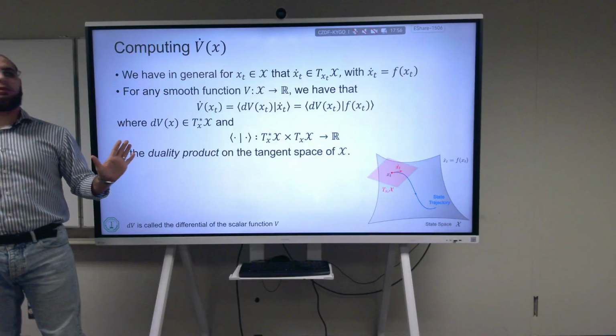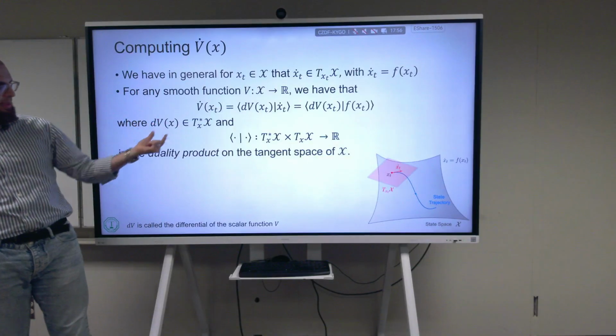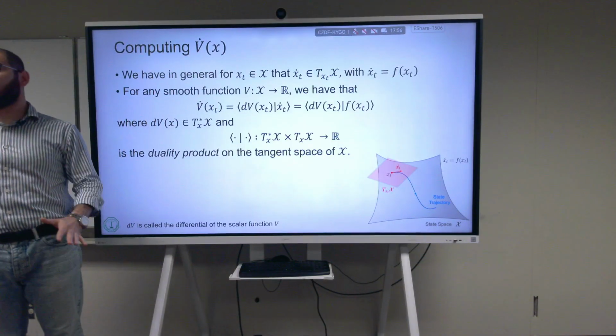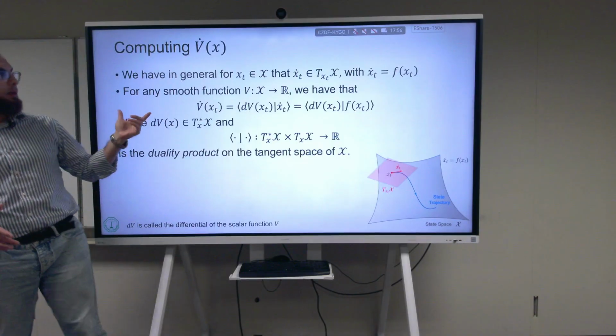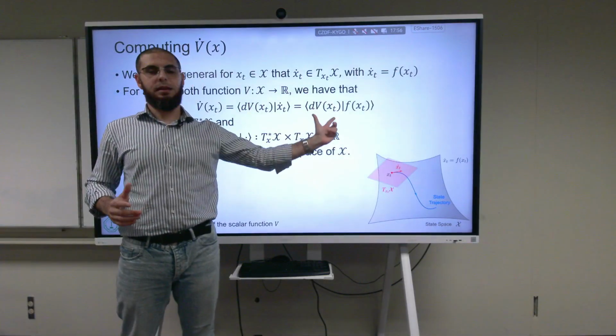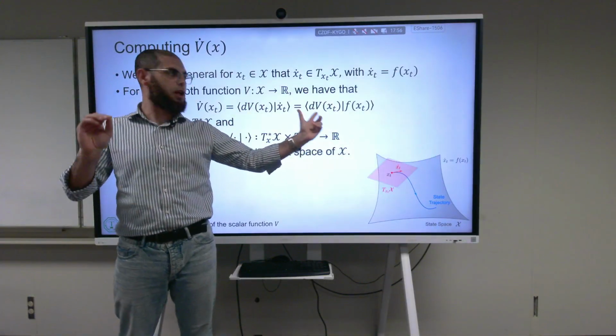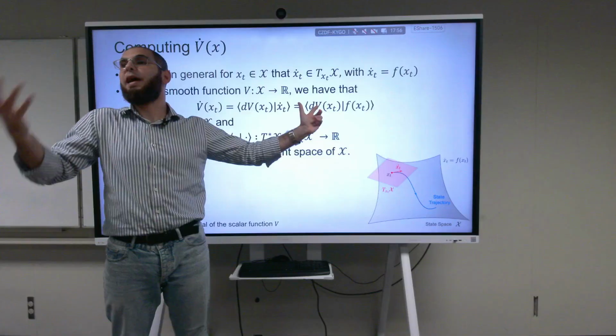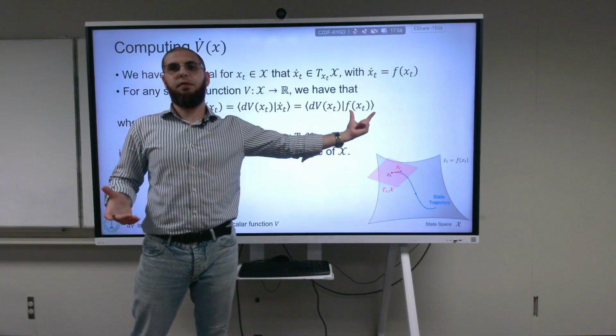That's it. We call this dv of x the differential of the scalar function. So in order to calculate the v dot, I should compute the differential of the function v, evaluate it at the point x, and then pair it with f of x of t.